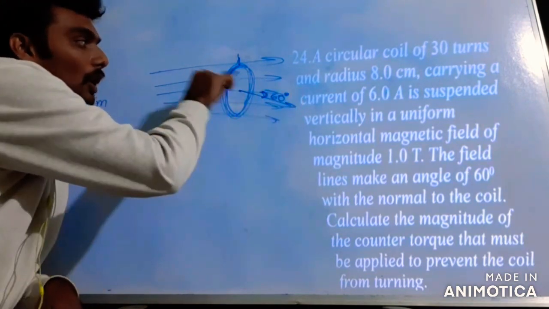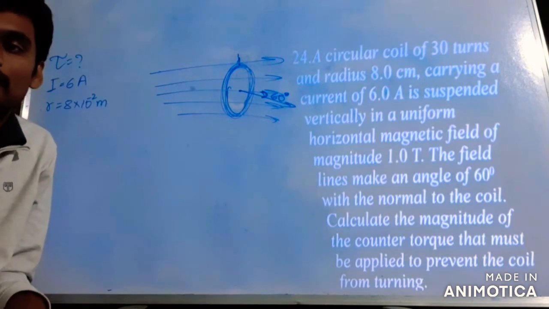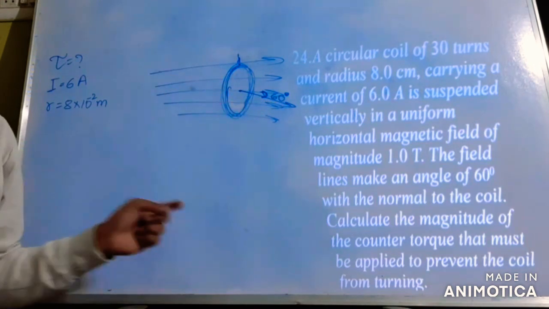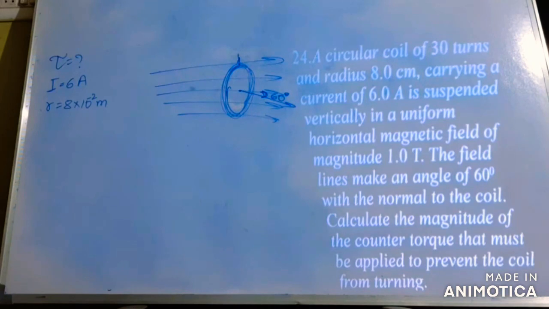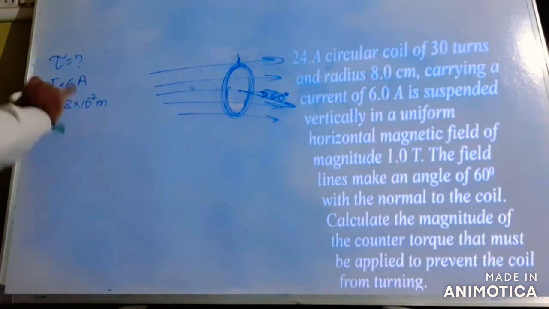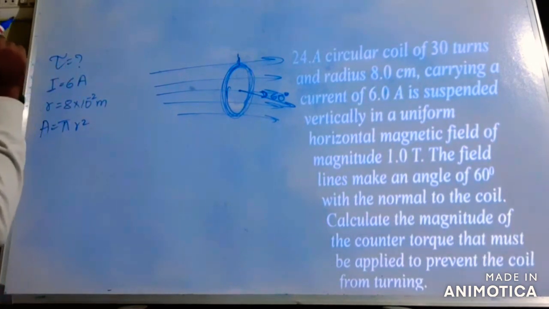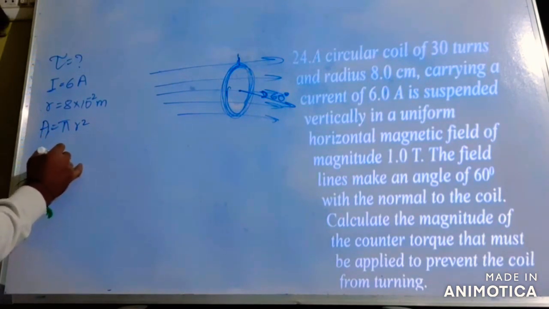See, the normal of the coil itself is the direction of area of the coil, isn't it? So that itself will be our theta, because theta is the angle between A and B, area and magnetic field. Area has to be found because it's not directly given. Pi r squared, simplifying r, we will get the area, but theta is 60 degree this time.